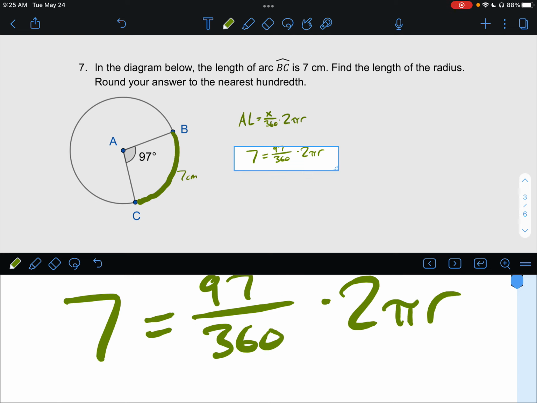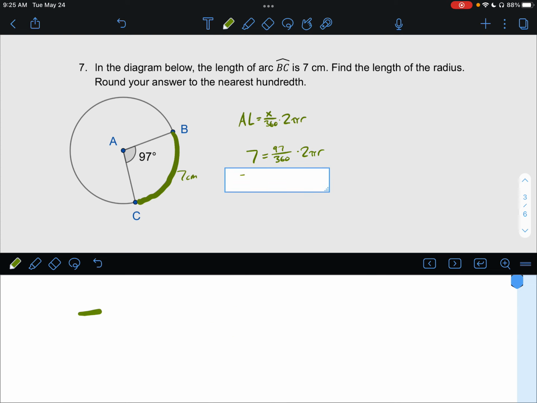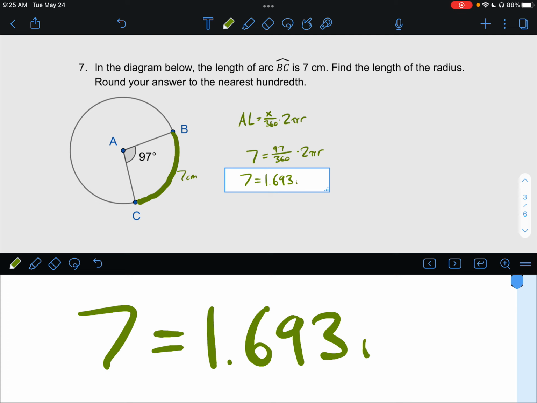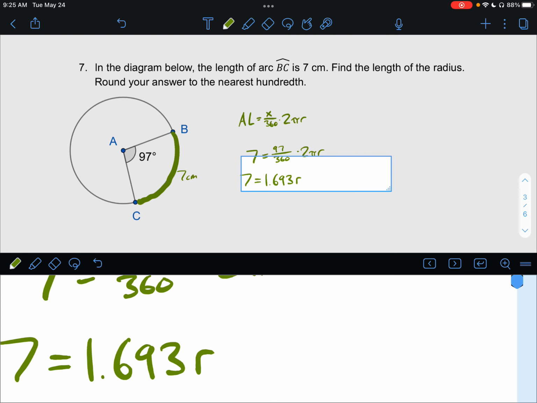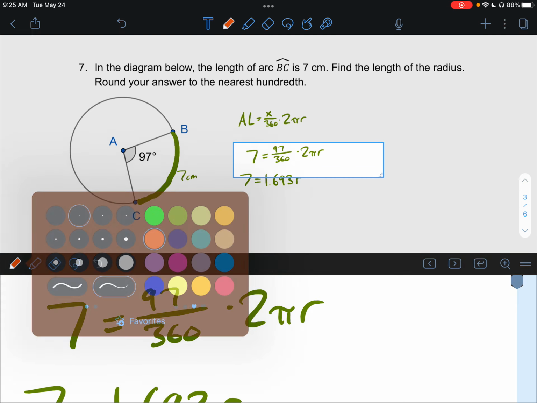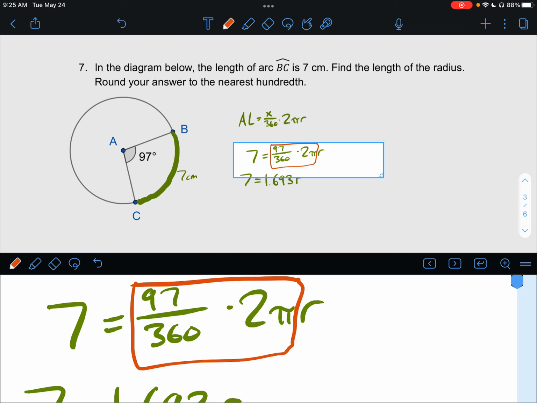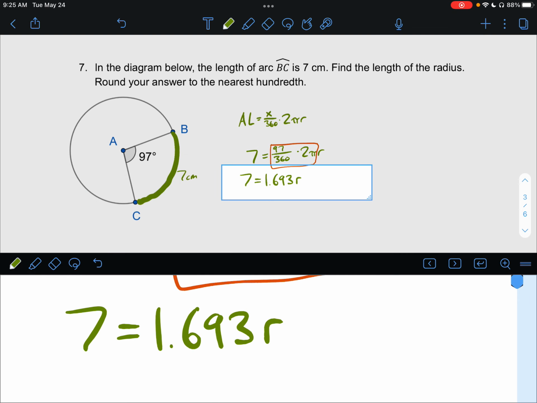And I'm getting 1.693. I'm just taking that out to an extra decimal place for specificity. So 7 equals 1.693 r, because I turned all of this into one big decimal.